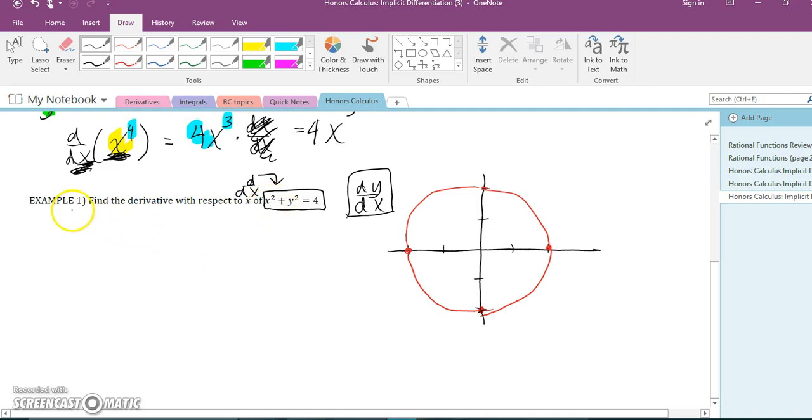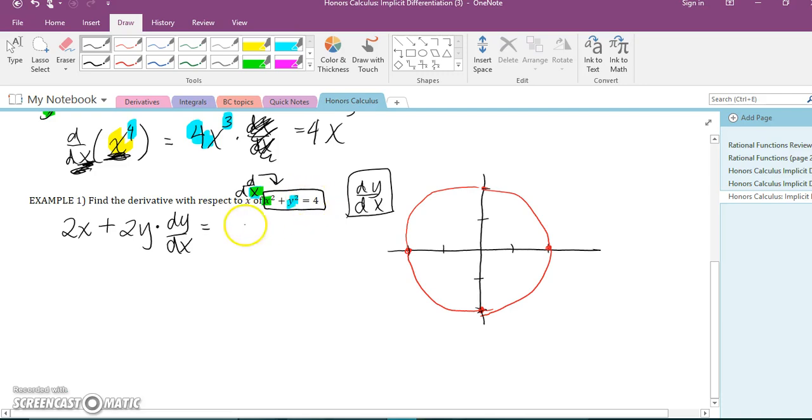The derivative of x squared with respect to x is just 2x. Notice my variables match. I don't need implicit differentiation. Plus, the derivative of y squared with respect to x, my variables don't match, so I'm going to need implicit differentiation. Well, the derivative of y squared is 2y times dy dx.